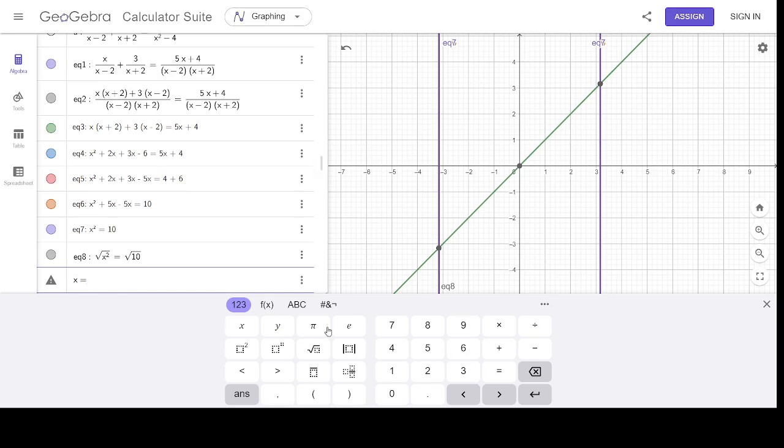So our answer is x is equal to the square root of 10 or x is equal to minus square root of 10. And that's obvious here in this graph, it's also shown.